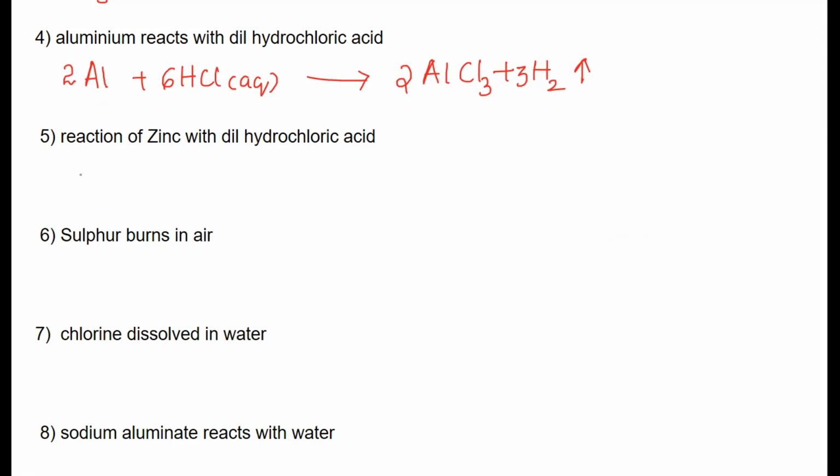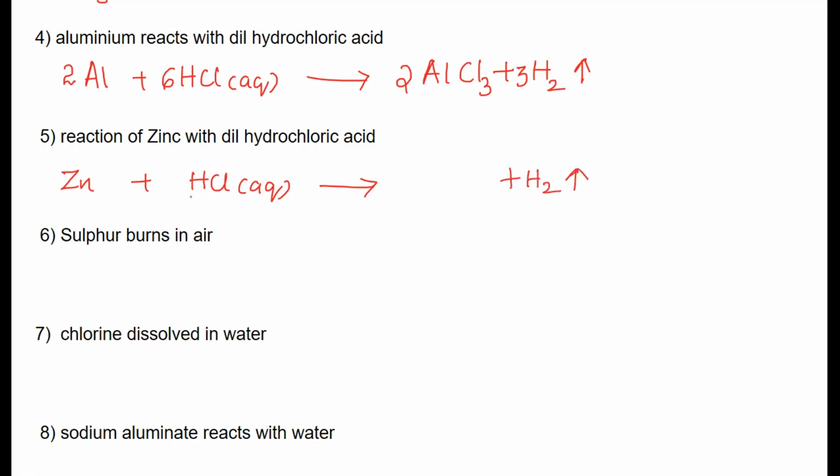A reaction of zinc with dilute hydrochloric acid. Zinc is also a metal. Zn plus HCl, dilute hydrochloric acid, gives hydrogen gas will be released. Okay, metals react with acid and hydrogen gas will be released.